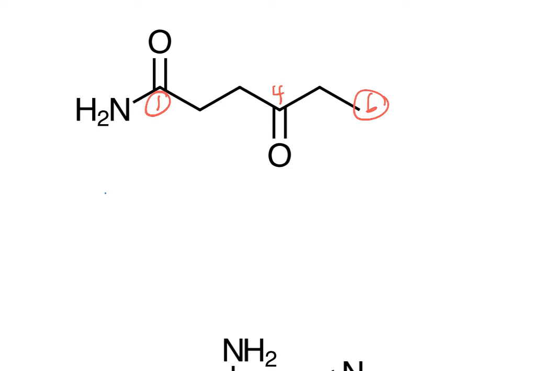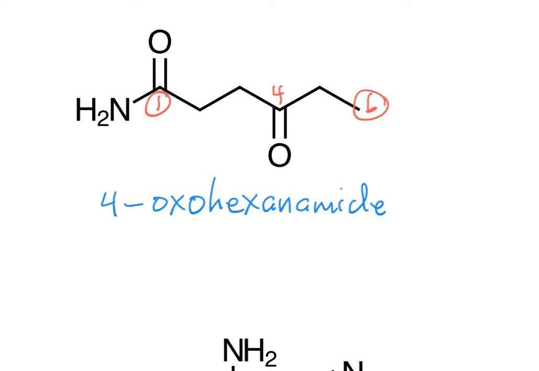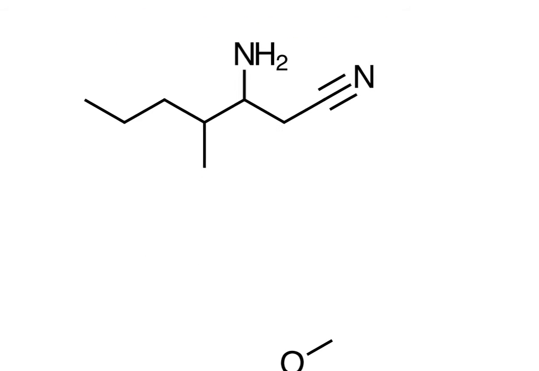At position number 4 is where that ketone shows up, so that gets the oxo prefix. And then I have a 6 carbon parent chain, all singly bonded, so it's hexane, and then I use the amide suffix for the amide functional group. So we have 4-oxohexanamide. Sometimes people pronounce amide differently. Both are acceptable. All right, next problem.